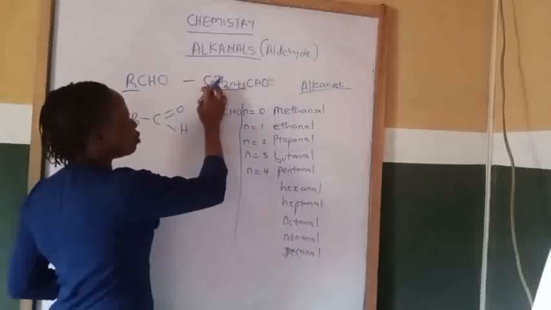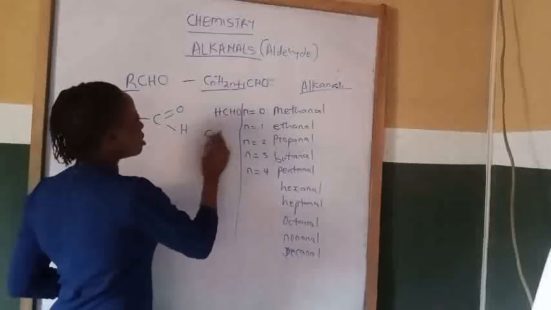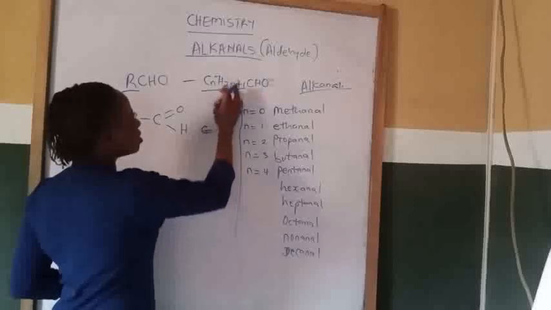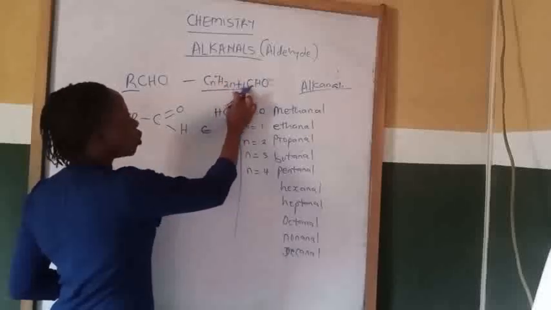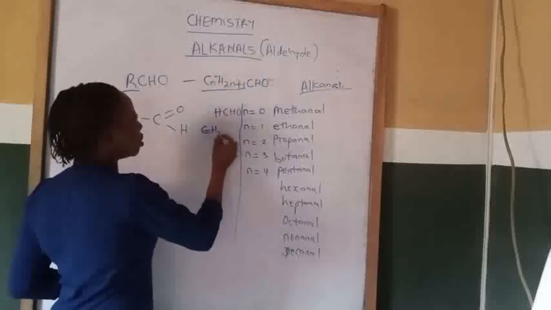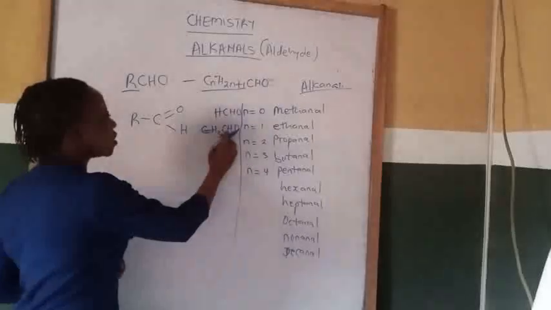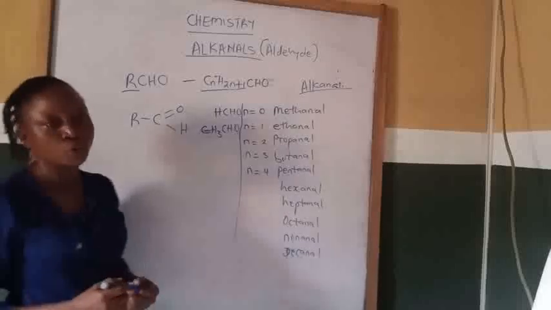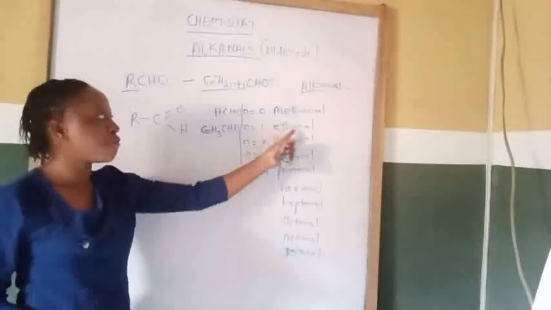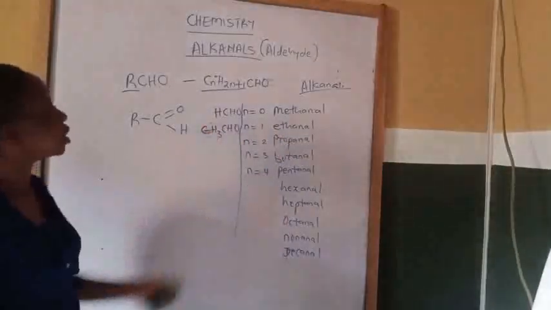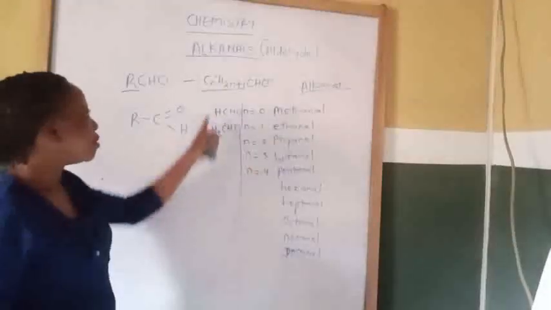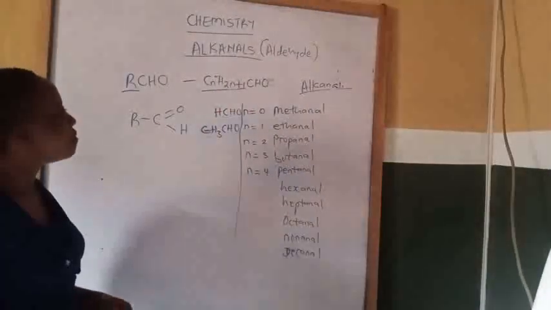Then the second member, n is 1. Substitute 1 into this formula. C times 1 is C. 2 times 1 is 2, plus 1, that is 3. So CH3, followed by your functional group. CH3CHO is the molecular formula for ethanal. So you can derive the molecular formula for other members from this general formula.